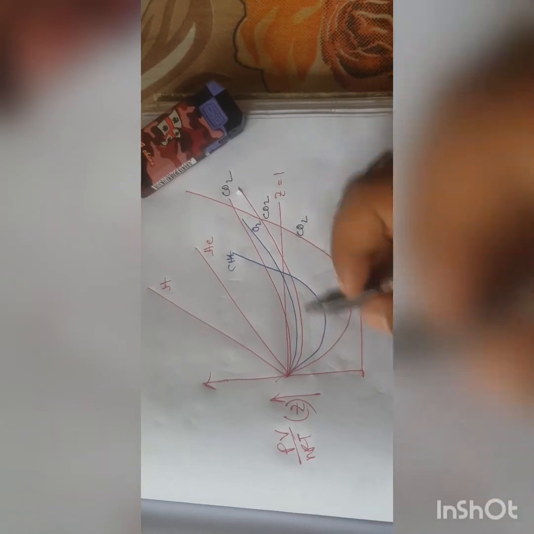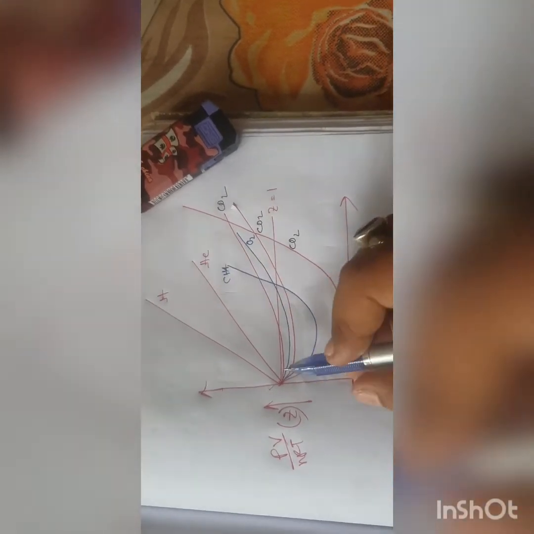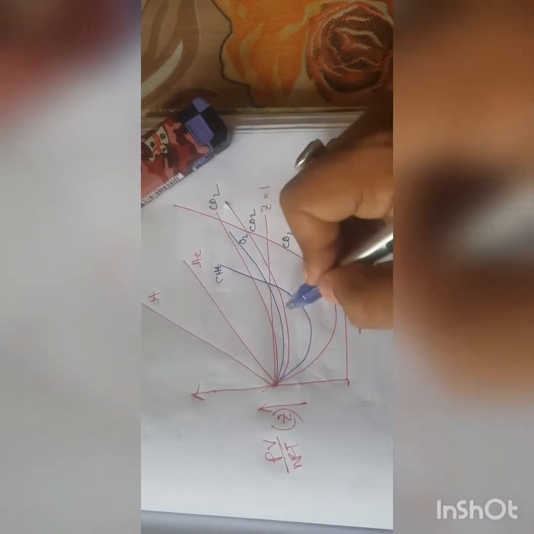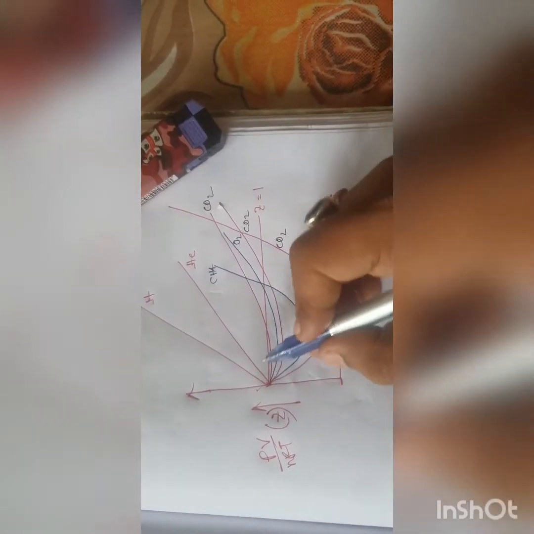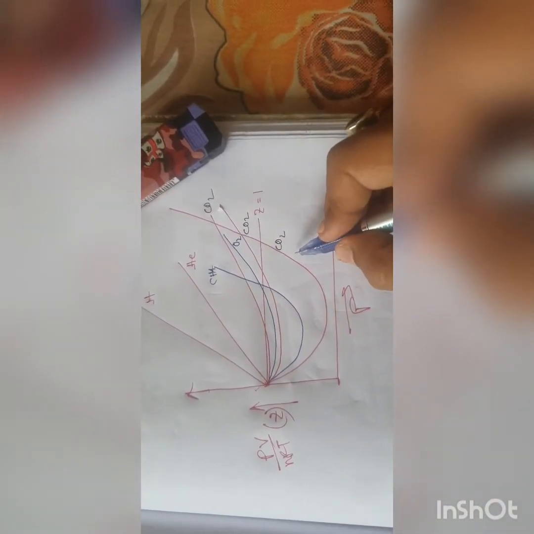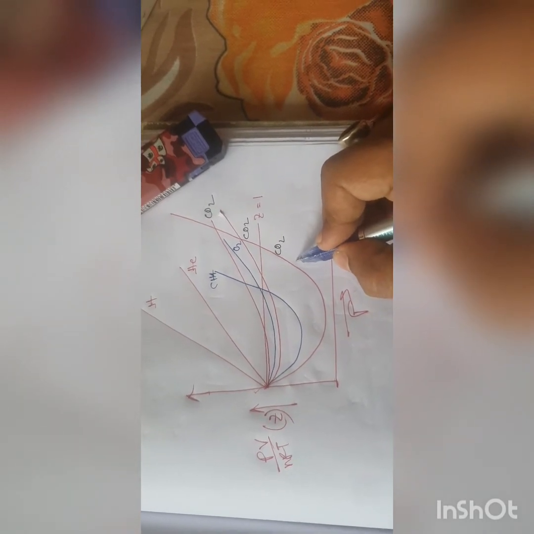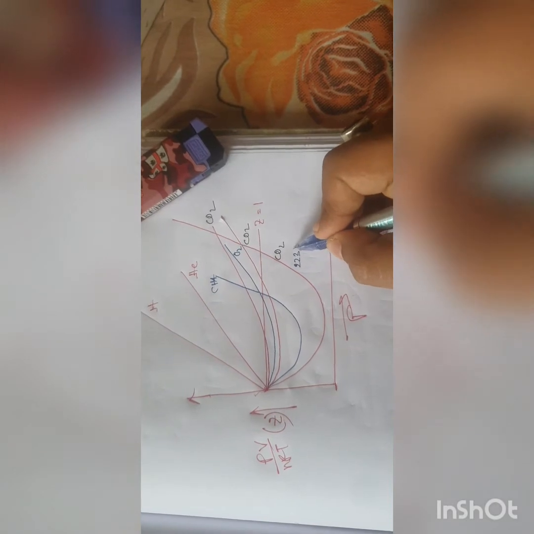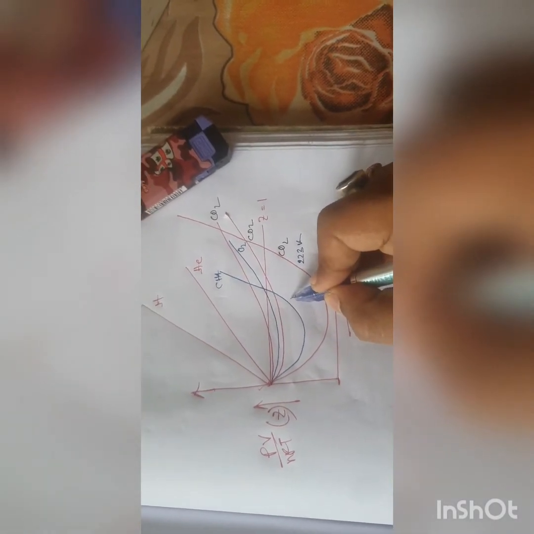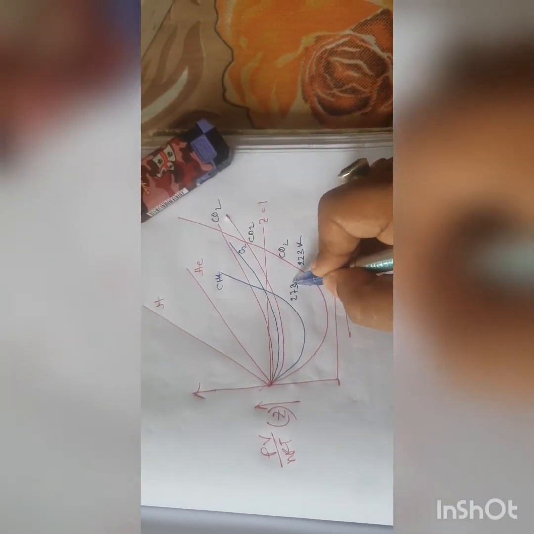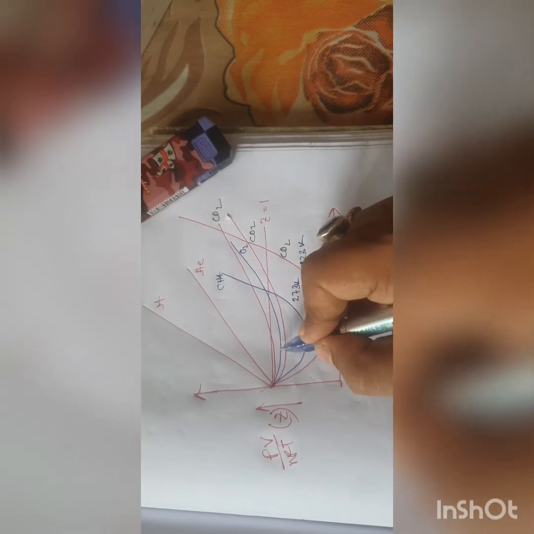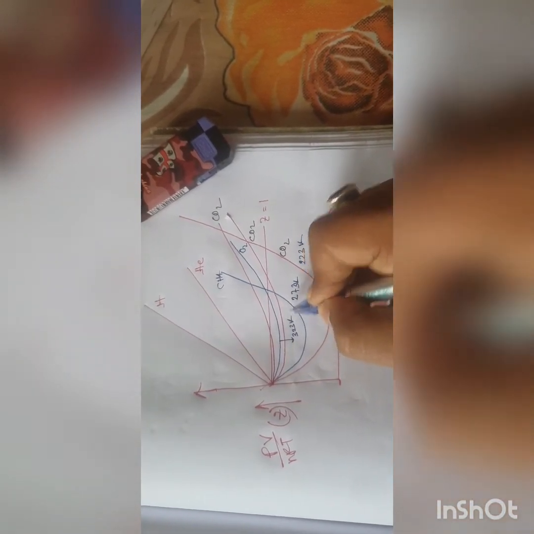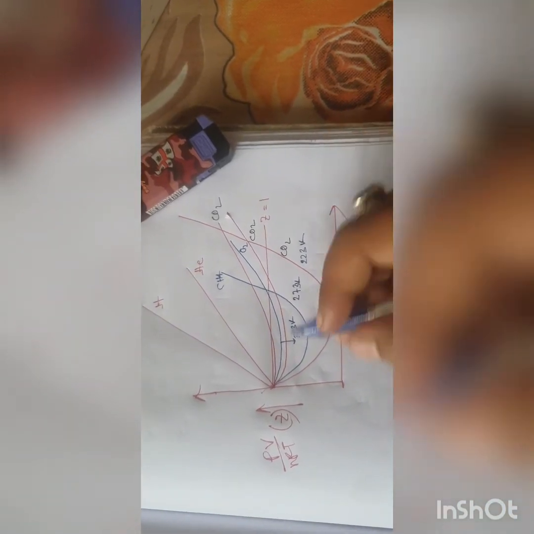Now let these three be at different temperatures. Let this be at 223 Kelvin, let this be at 273 Kelvin, let this be at 323 Kelvin.